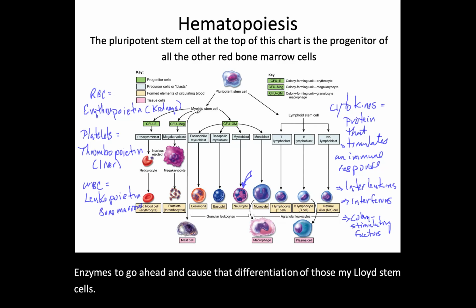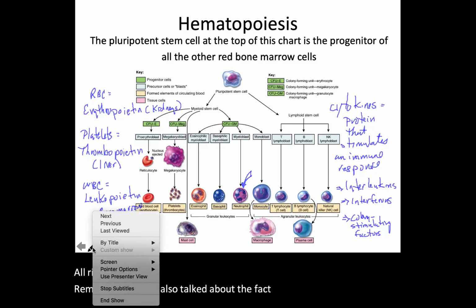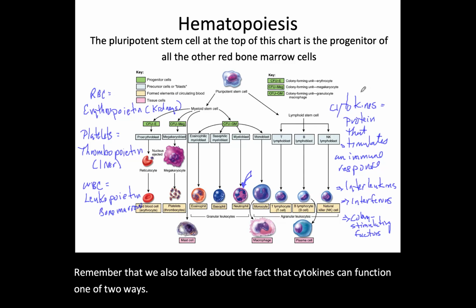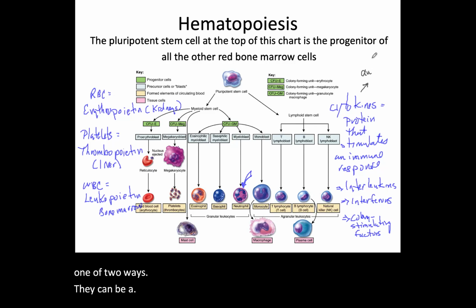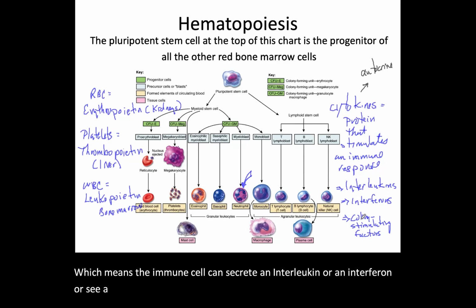All right. Now, remember that we also talked about the fact that cytokines can function one of two ways. They can be autocrine, which means the immune cell can secrete an interleukin or an interferon or a CSF, and it can act upon itself.